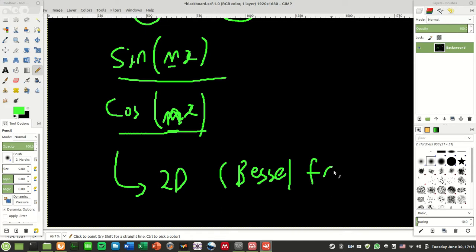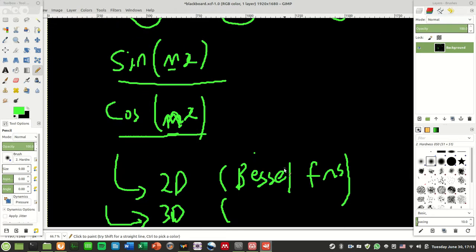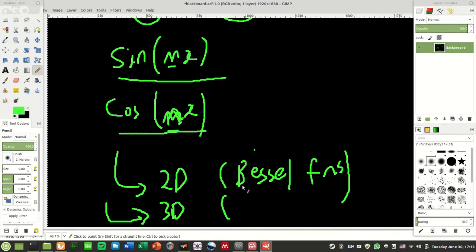And if we were to go by extension to 3D, I have to qualify that these are in spherical and cylindrical coordinates. You can of course have a box geometry where you have a product of sines or product of cosines as your relevant functions. But in spherical and cylindrical coordinates, they are the spherical harmonics and Bessel functions respectively.